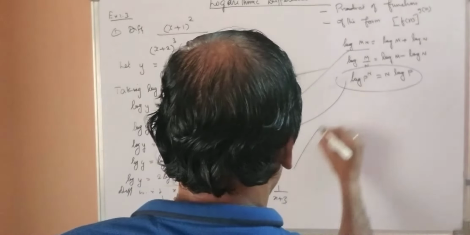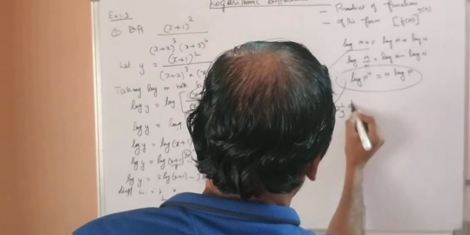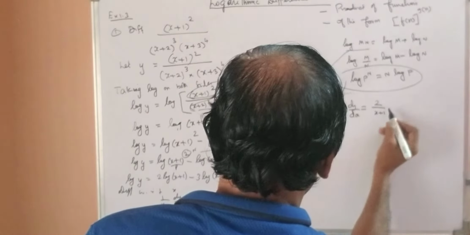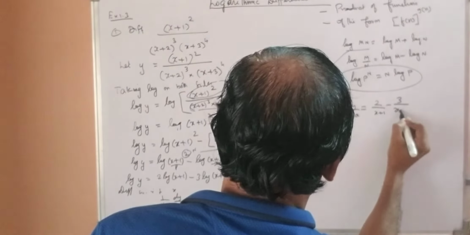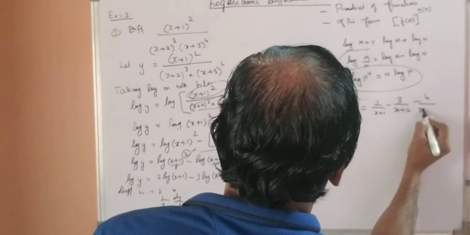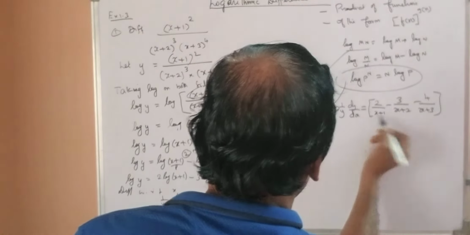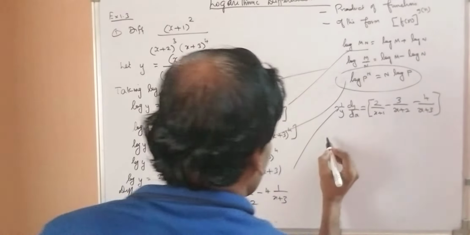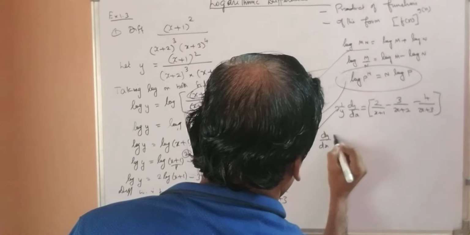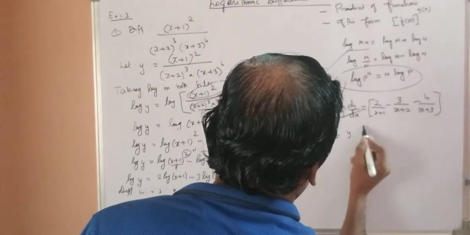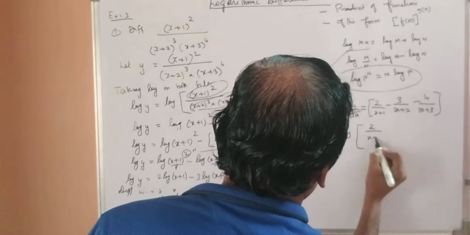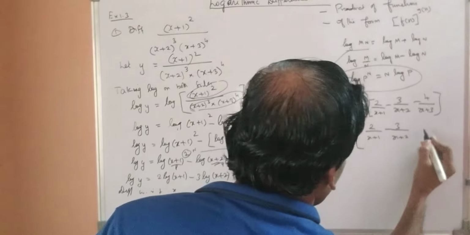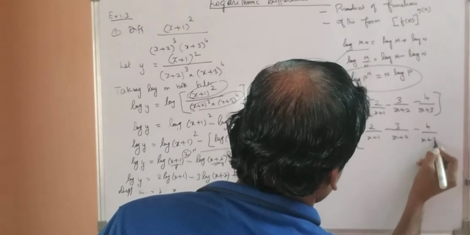So what you are having is 1 by y dy by dx equals 2 by (x plus 1) minus 3 by (x plus 2) minus 4 by (x plus 3). Now we are interested in dy by dx. So dy by dx equals, y will go that side, y into [2 upon (x plus 1) minus 3 upon (x plus 2) minus 4 upon (x plus 3)].